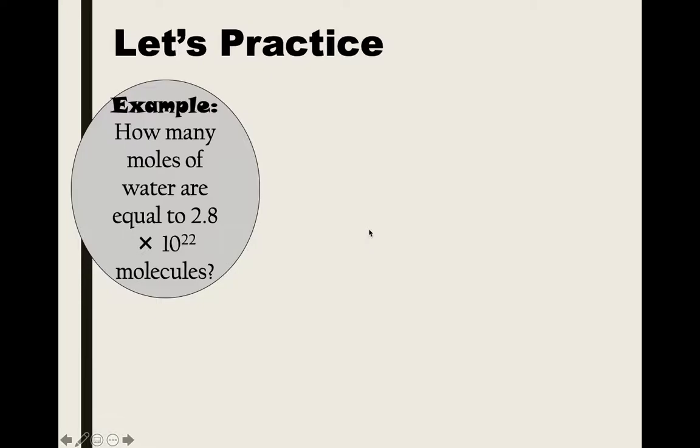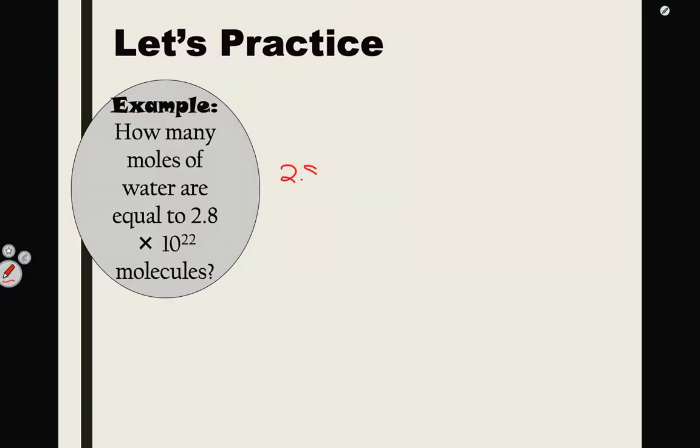So let's look at another problem. Here we have 2.8 times 10 to the 22nd molecules, and we want to convert that into moles. The first thing we do is take what we're given, which is 2.8 times 10 to the 22nd molecules. Draw my X, draw my line, and then I would use my equivalency to convert between molecules and a mole.